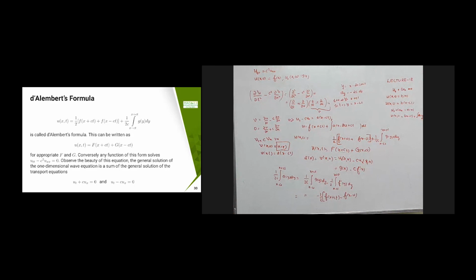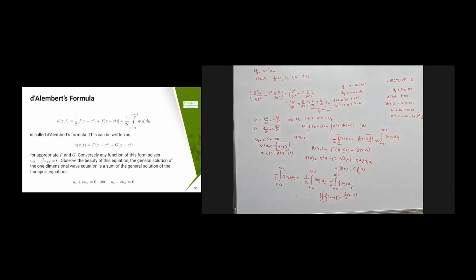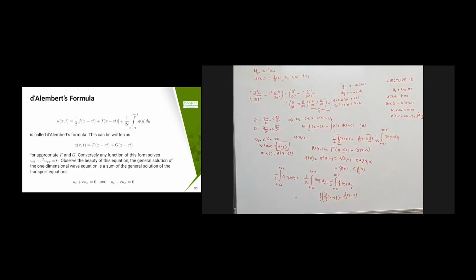So you can see the beauty of this equation, the general solution of the one-dimensional wave equation, which is obtained from the transport equation. We use this transport equation and found the answer for this. Earlier we solved the same problem using the variable separable method also, and this is another method you can solve.